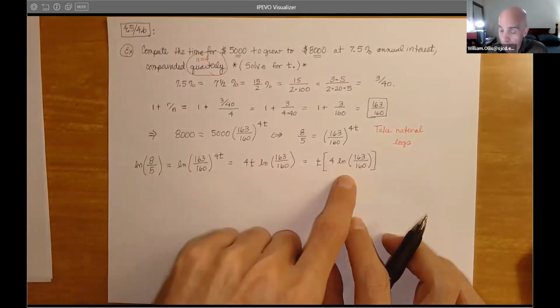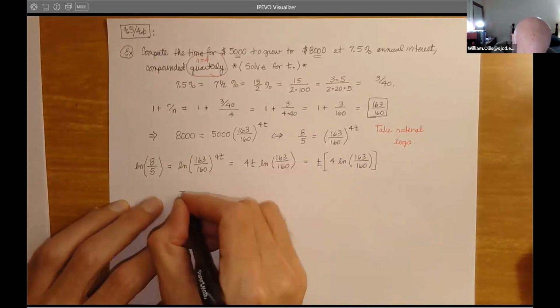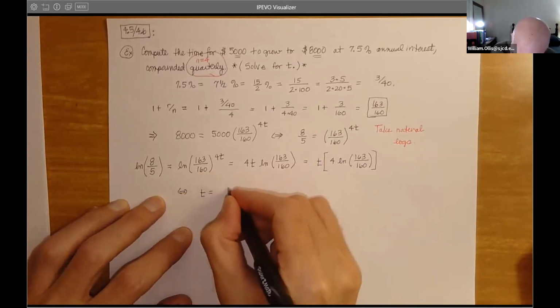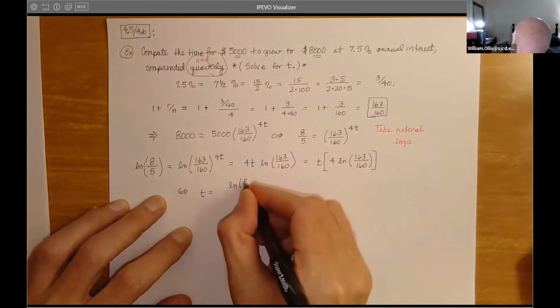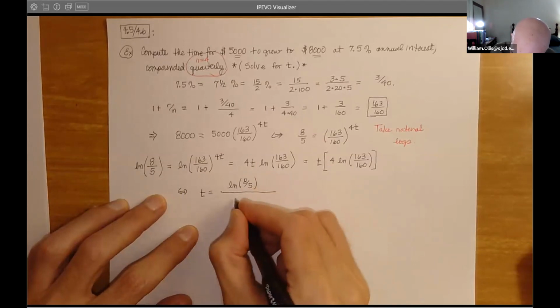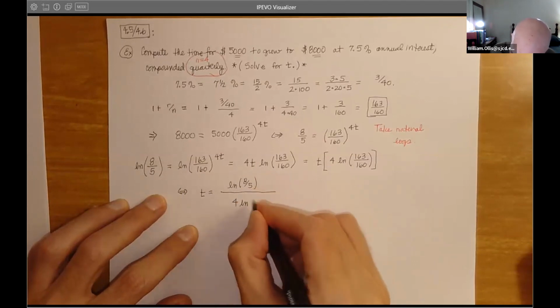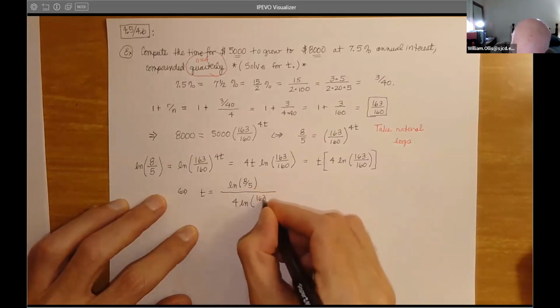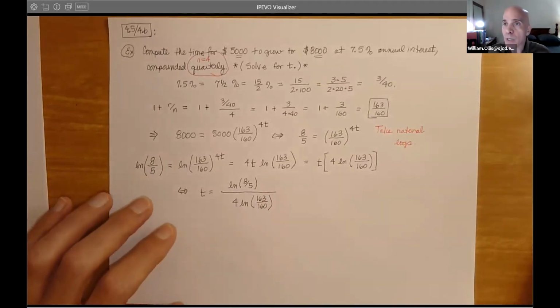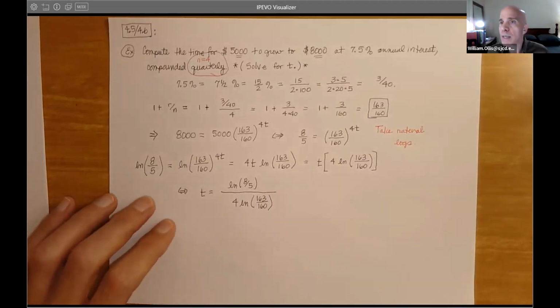So let's just divide by that coefficient. So t equals the natural log of 8/5 divided by 4 times the natural log of 163 over 160. And when we look at this, let's see, let me check here.